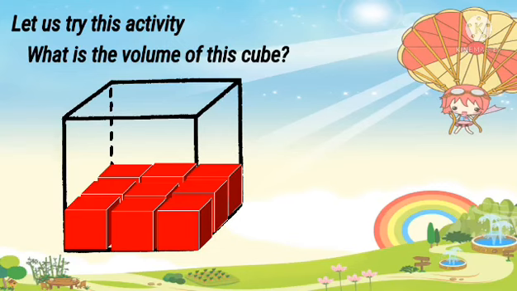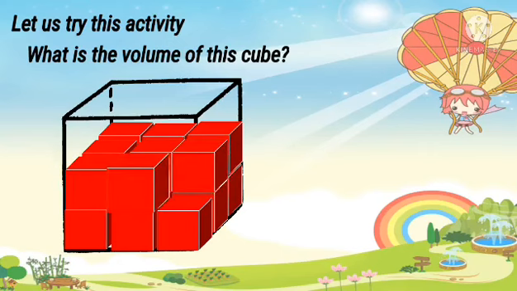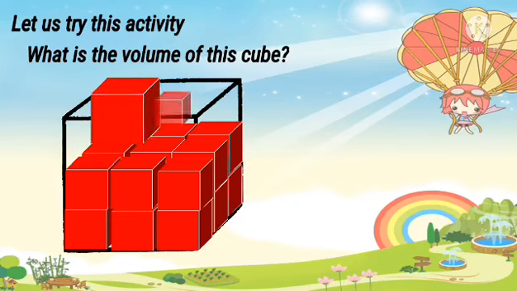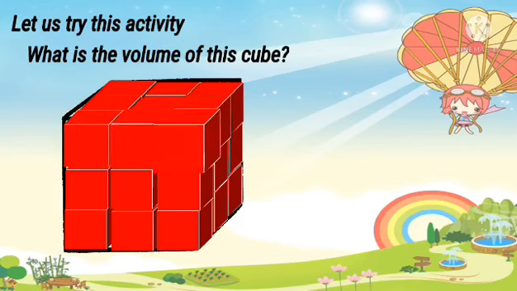Let us continue with the second layer: 1, 2, 3, 4, 5, 6, 7, 8, 9. So we also have 9 cubic units in the second layer. And for the last, we have the third layer. We also have 9 cubic units.